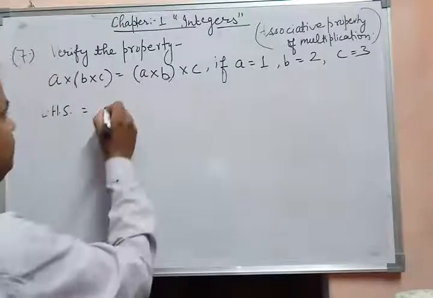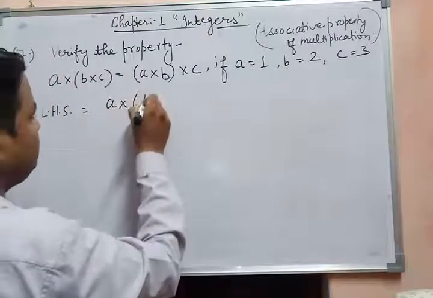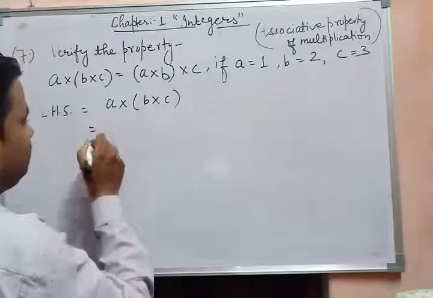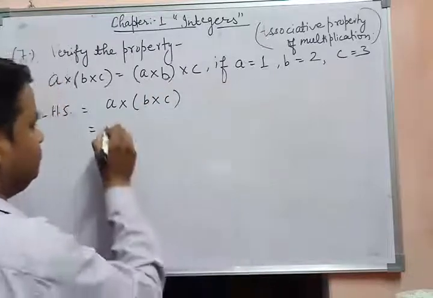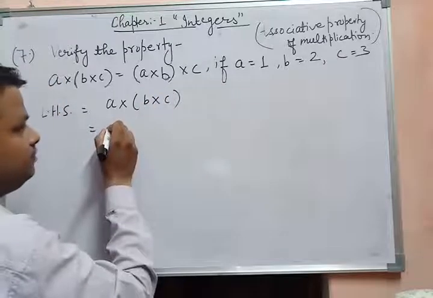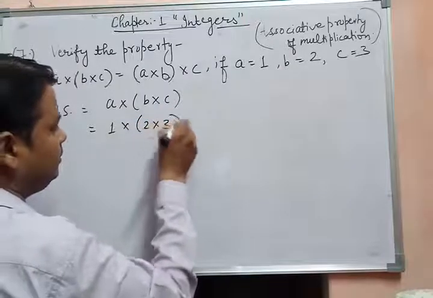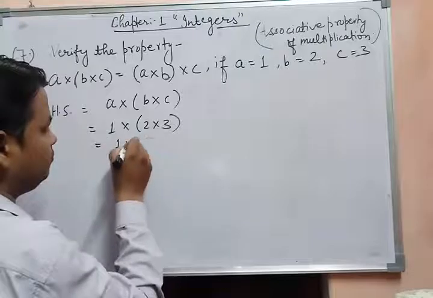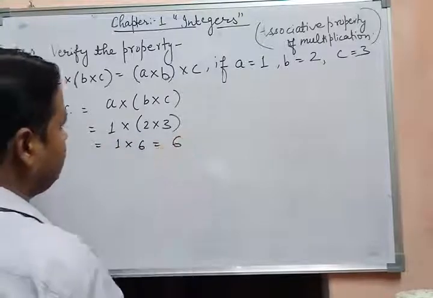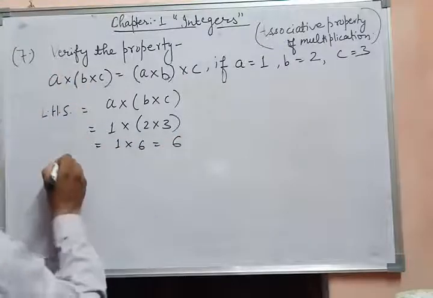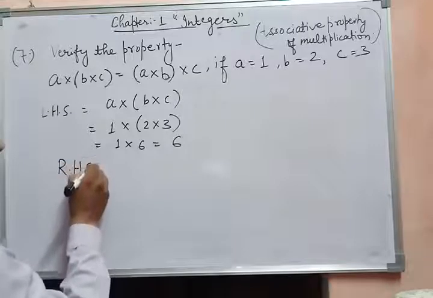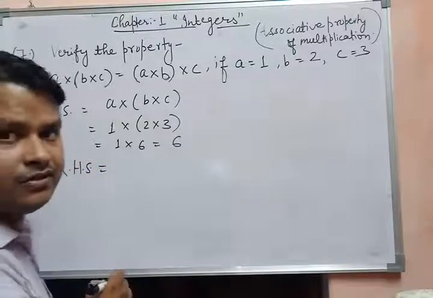LHS is equal to a into b into c. So if we put 1 into 2 into 3, then we will get 1 into 2 into 3, which is 6. In the same way, RHS is equal to a into b into c.